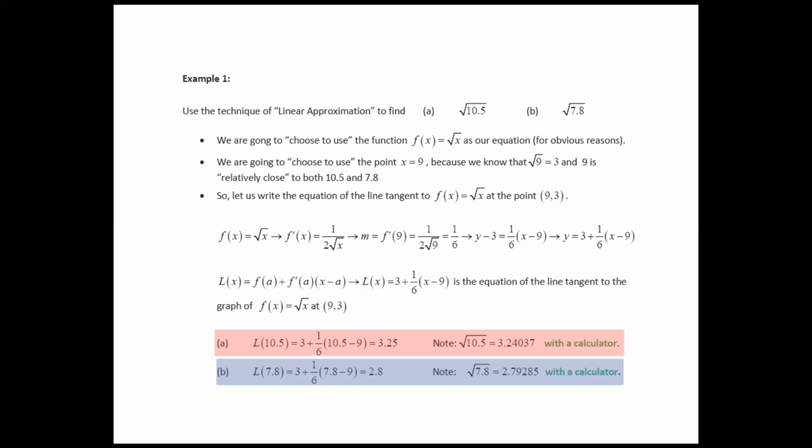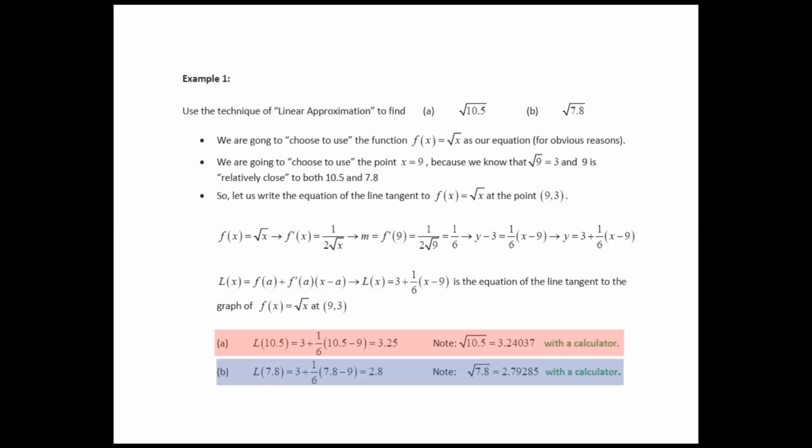So the first thing we want to do is decide on a function that we're going to use. Since it's asking for the square root of a number, let's use f of x equals the square root of x as our model function. That seems rather obvious.